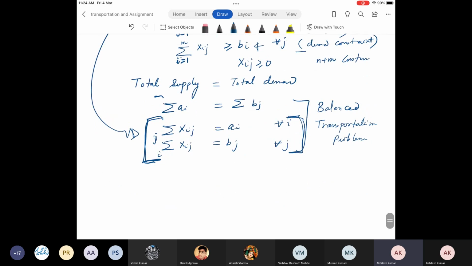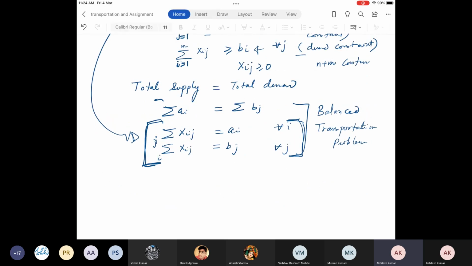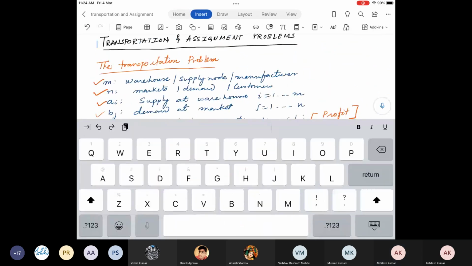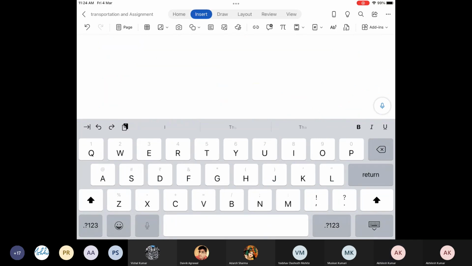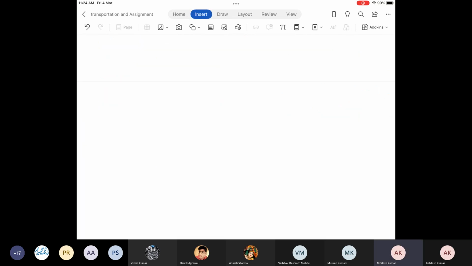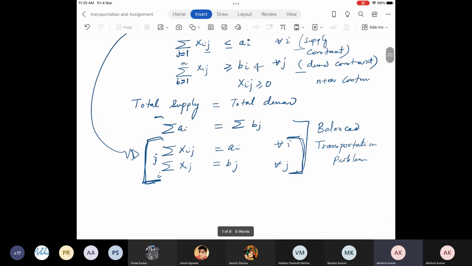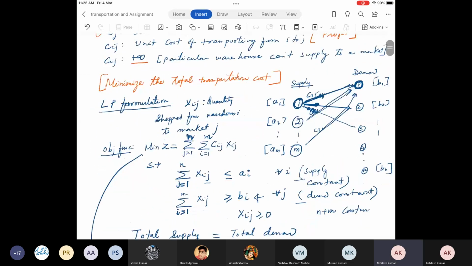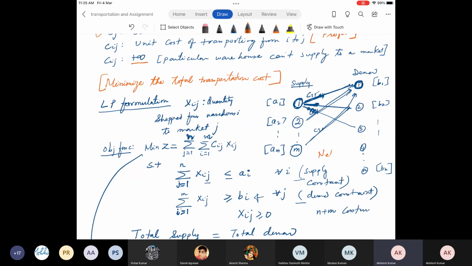So the first thing we need to understand is what a transportation table is. I will represent what I have represented here. This is called network representation.